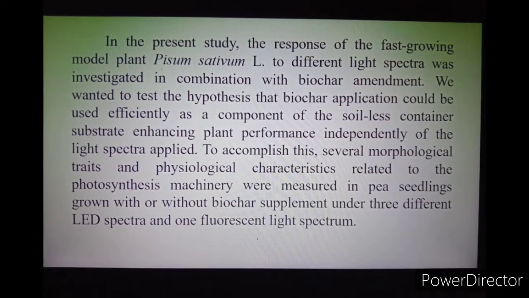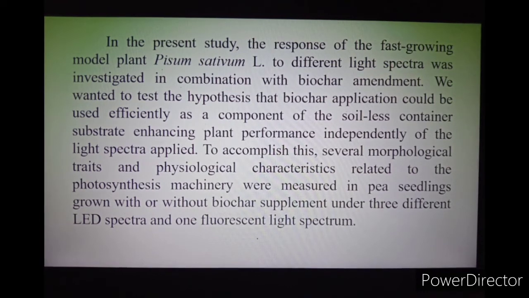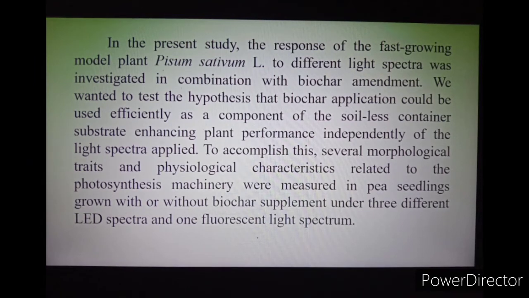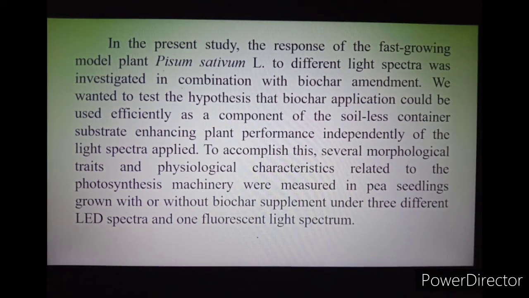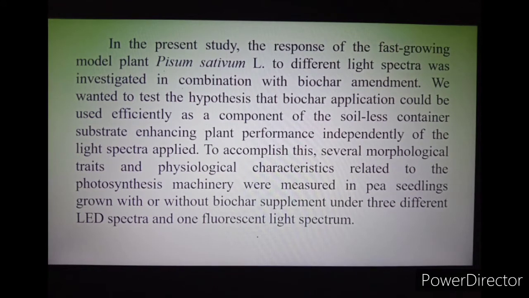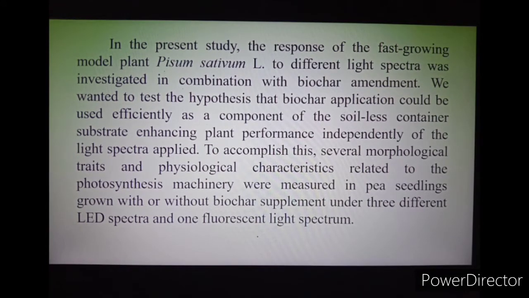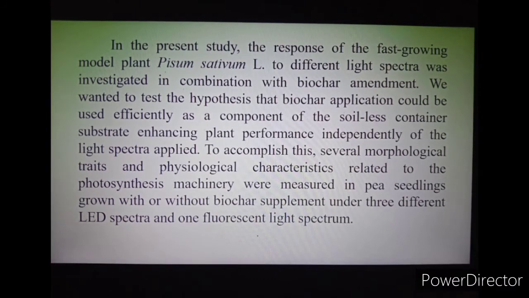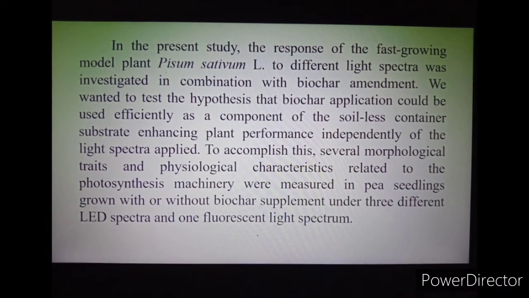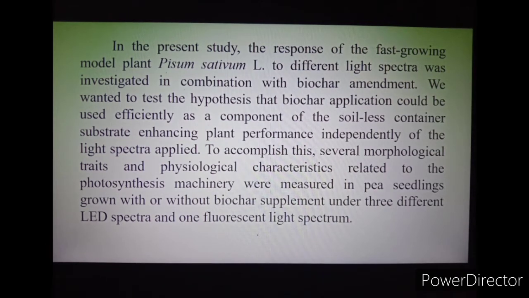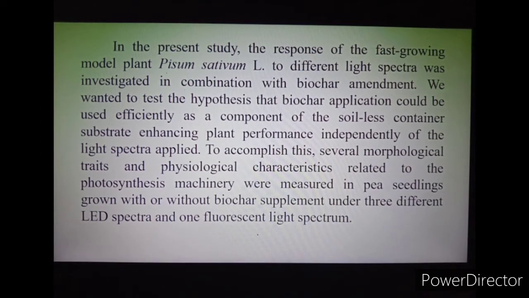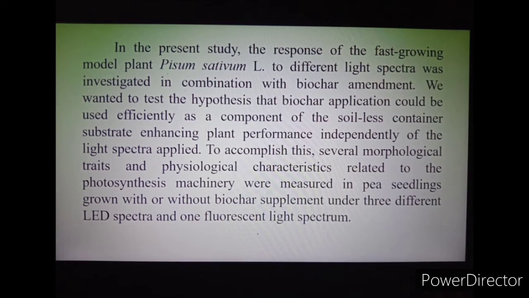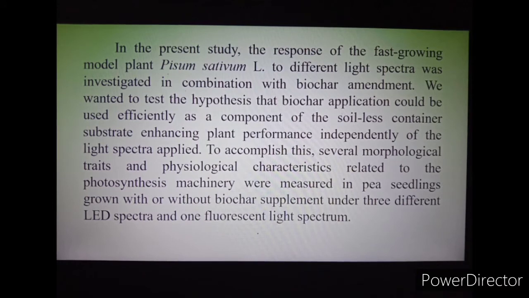In the present study, or here in our journal review, the response of the fast-growing model plant Pisum sativum L. to different light spectra was investigated in combination with Biochar Amendment. We wanted to test the hypothesis that Biochar application could be used efficiently as a component of the soil-less container substrate, enhancing plant performance independently of the light spectra applied.